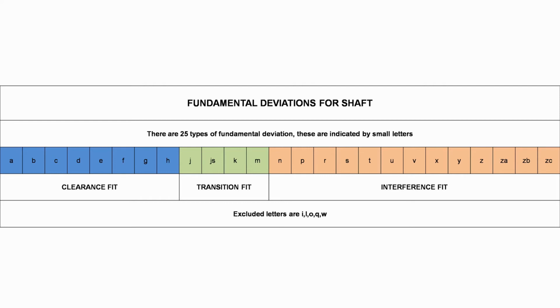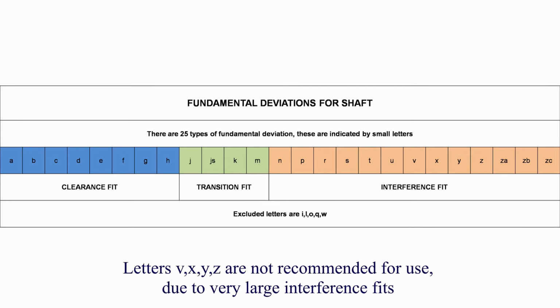Letters small n, p, r, s, t, u, v, x, y, z, za, zb, zc will be used for interference fit. Letters small i, l, o, q, w will be excluded. Letters small v, x, y, z are not recommended for use due to very large interference fits.